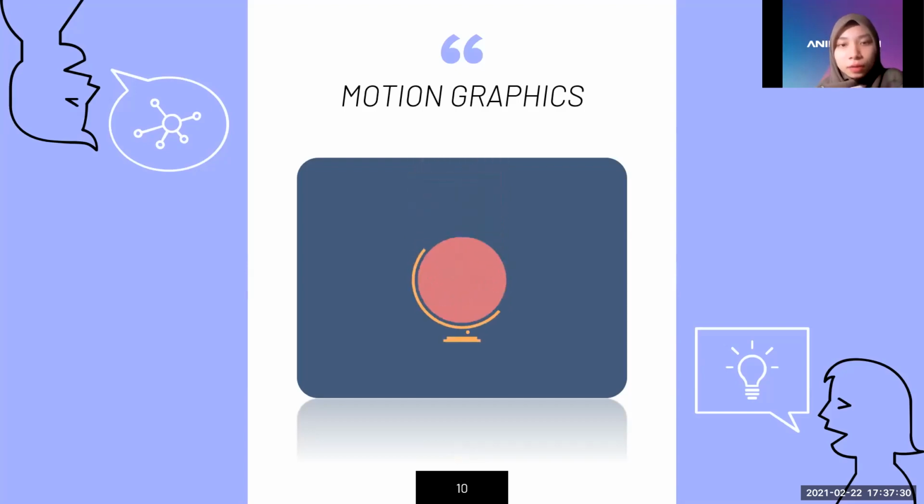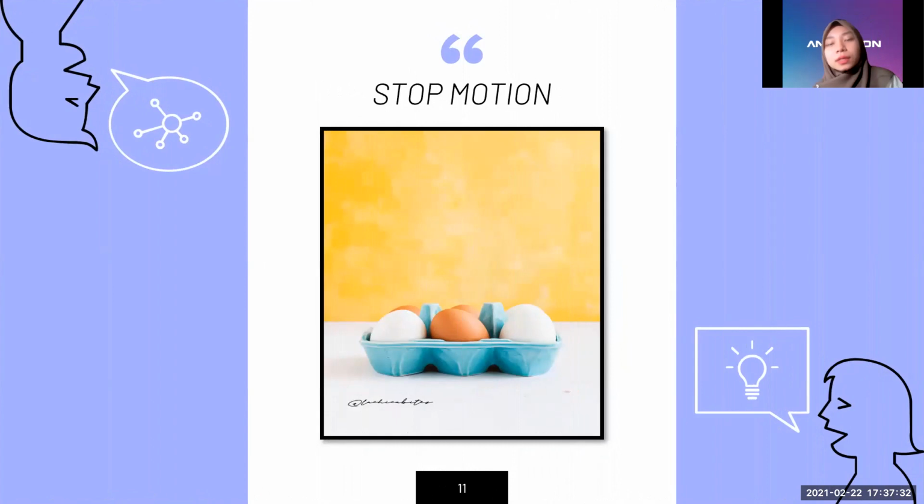And then the last one is stop motion. Okay, stop motion is very similar to traditional animation because it combines a series of still images that are slightly different to show movement. Okay, the highlight is movement and slightly different movement.